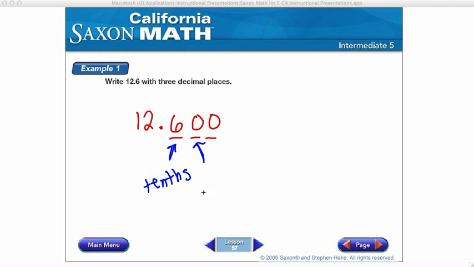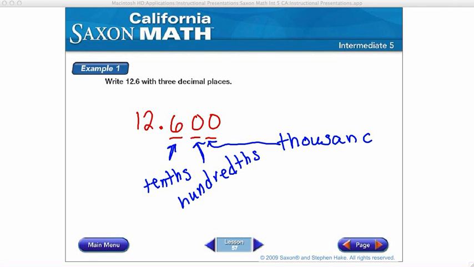This is the hundredths place. Spell hundred and put the THS on the end. And this is the thousandths place. Okay, all right, that's it for example 1.